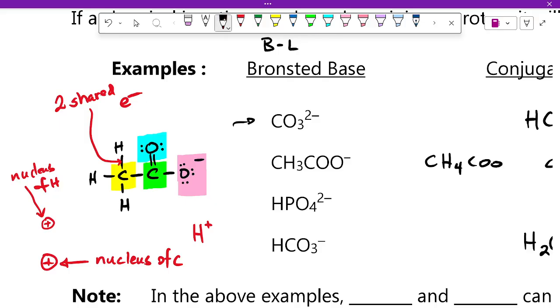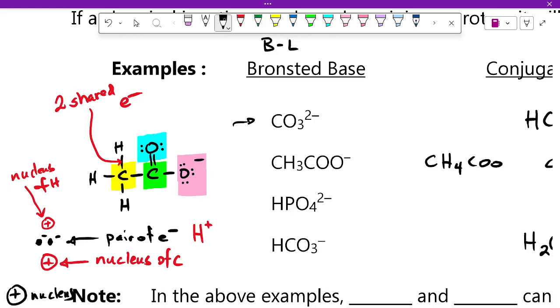Because there are negatives in between. Yes? Those are our pair of electrons. And so that positive nucleus attracts.